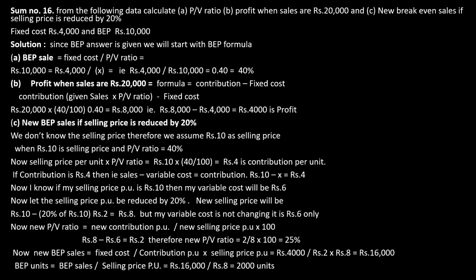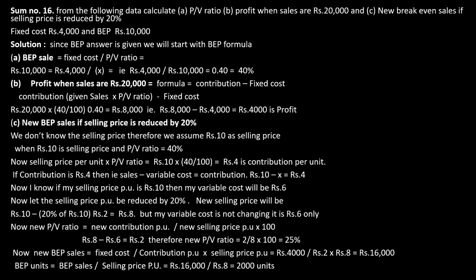Now let me find the PV ratio first. For finding the contribution, my contribution will be sales into PV ratio. The sales given here is 20,000 rupees. For this 20,000 given sales, 40% PV ratio, I will get the answer of rupees 8,000. 20,000 into 40% will give me 8,000.